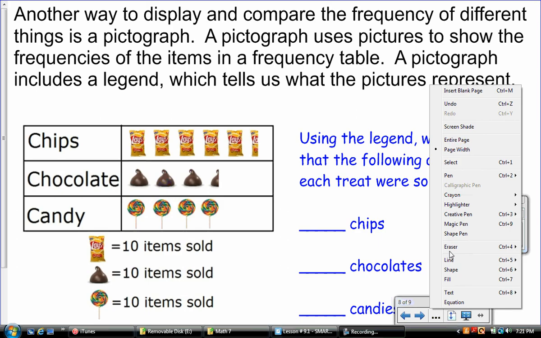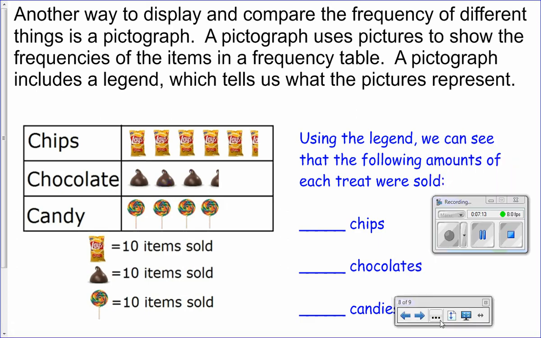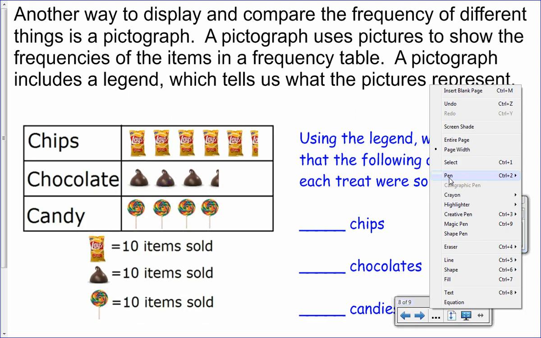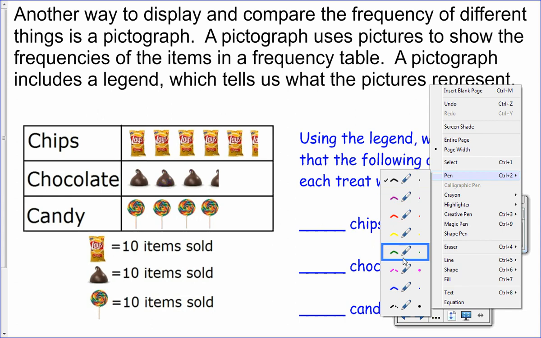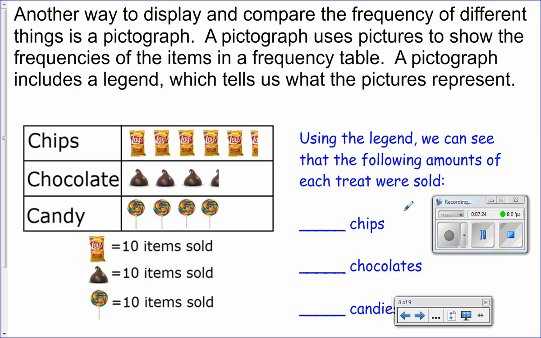So let me just set up my pen. Let's go with red. Okay, so looking in the chips column, we've got 1, 2, 3, 4, 5. 5 times 10 is 50. Plus we have half a bag, so that must mean 5.